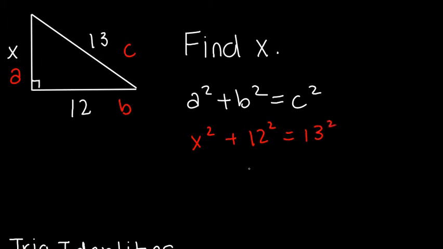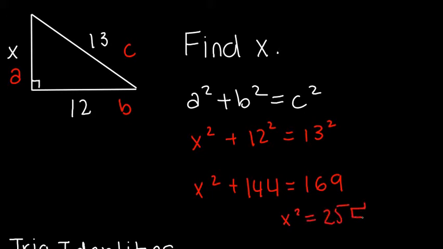Okay, so now we're going to have to do a little bit of arithmetic. So we get x squared plus 144 is equal to 169. And if we were to subtract 144 from 169, we get x squared is equal to 25, which means that if we were to take the square root of 25, we get positive and negative 5.